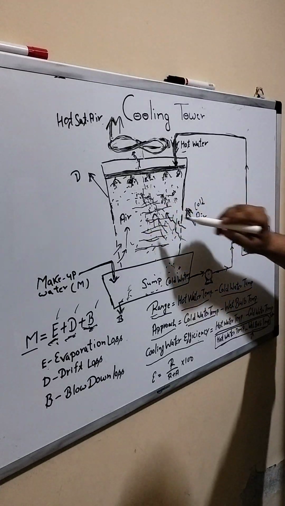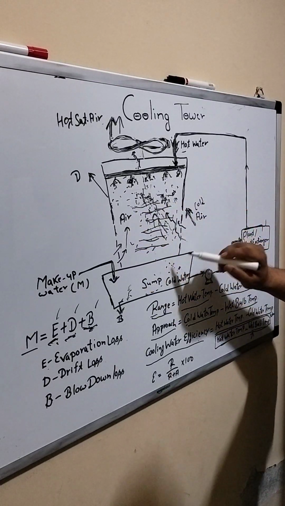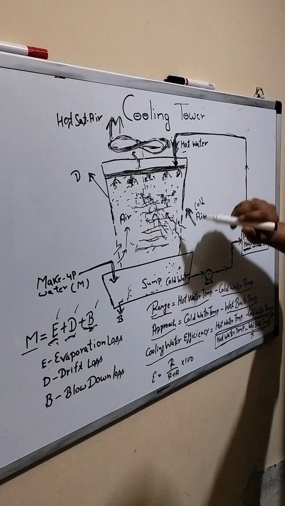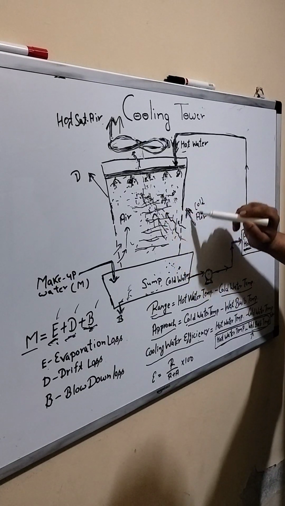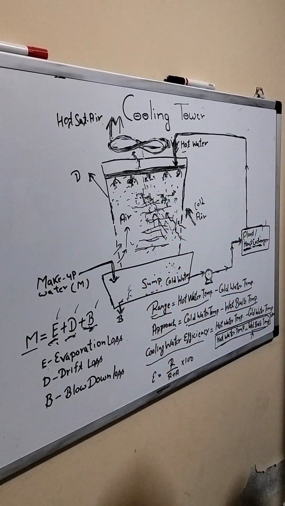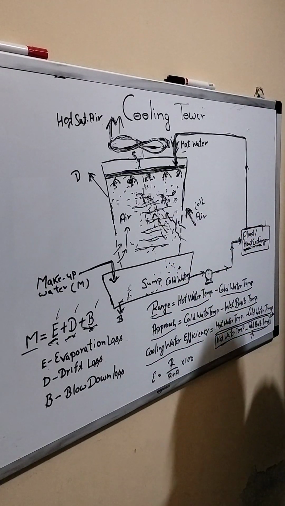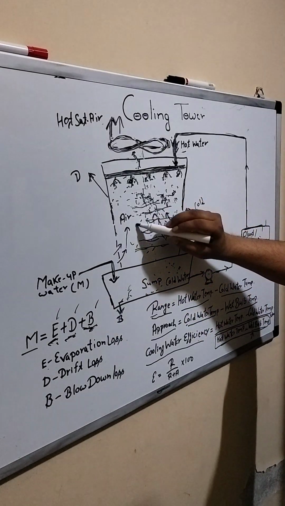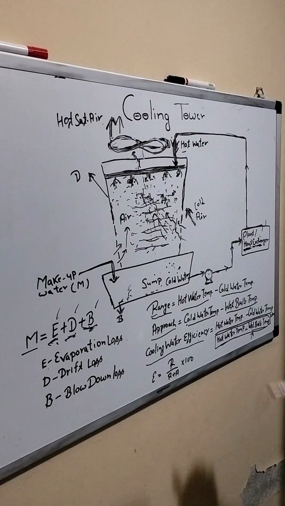What is the purpose of packing? The purpose of packing is to increase the surface area and to increase the time of contact of air and water, so that they can exchange the heat very easily, because they are getting sufficient time.